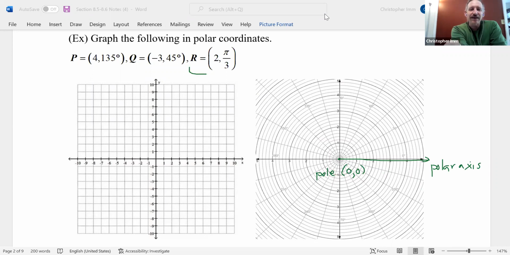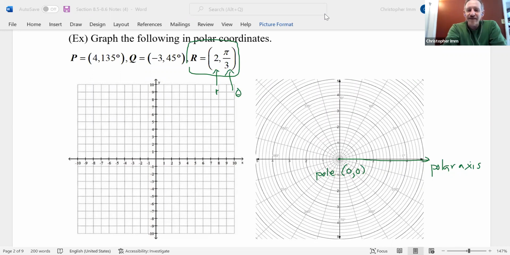So for instance, and we did this last time, but I just want to recap. If I wanted to label r, with polar coordinates, we are given these coordinates in terms of the distance from the pole and the sweep of the angle from the polar axis. So if I wanted to plot that point r, I would go out 2 away from the pole.